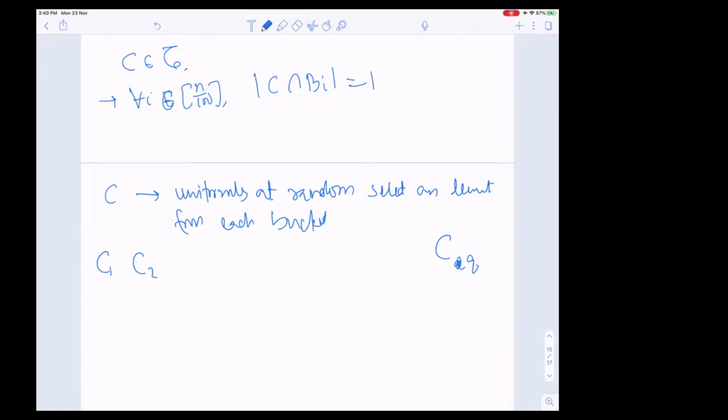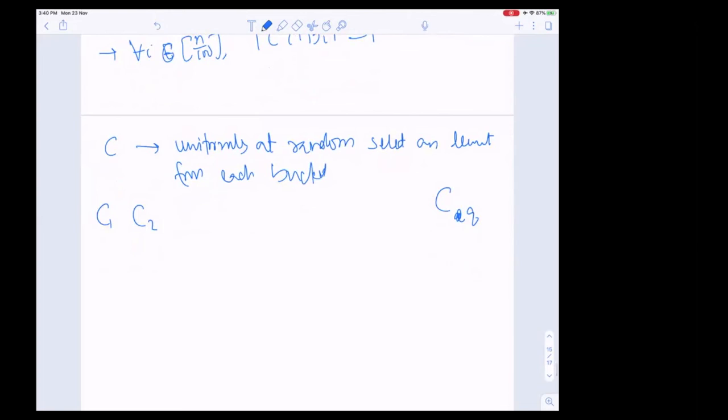Okay. So now, let's say, what is the expectation of Ca intersection Cb for two distinct sets?